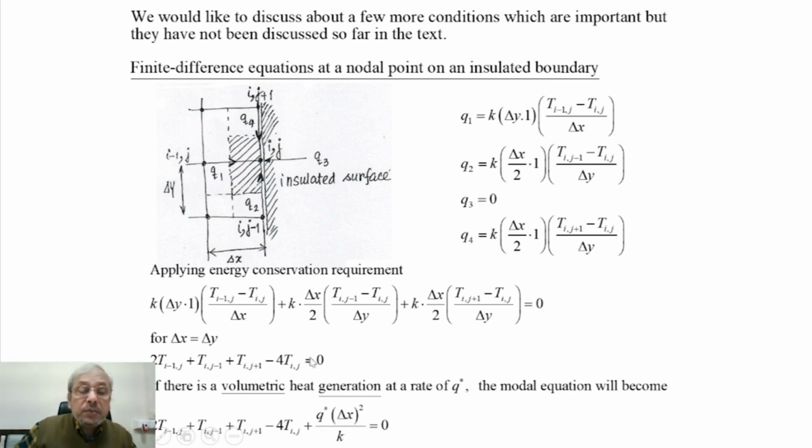So this equation is modified with an additional term plus Q star delta x square by K, if we have volumetric heat generation within the material. Otherwise, this is the governing equation on a node which is located at an insulated boundary.